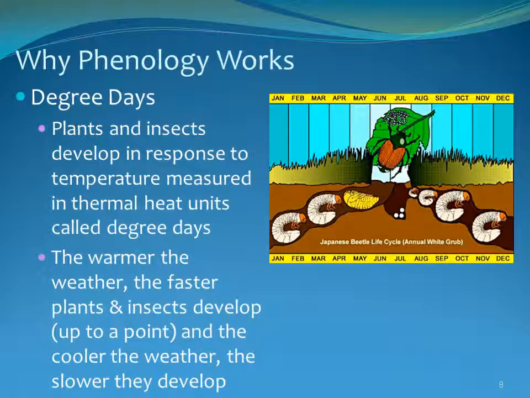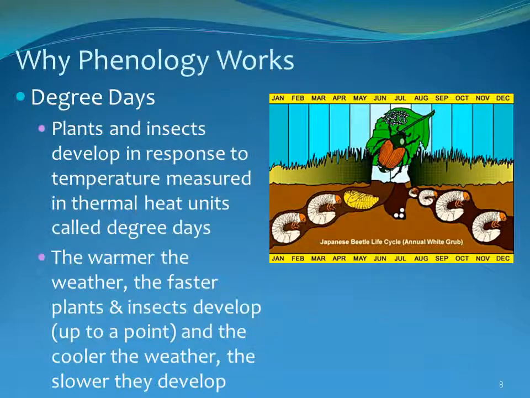The warmer the weather, the faster the plants and insects are going to develop up to a point. That point is usually somewhere around 86 degrees. Many plants will start to shut down at that point, and many insects also will have the same thing happening.